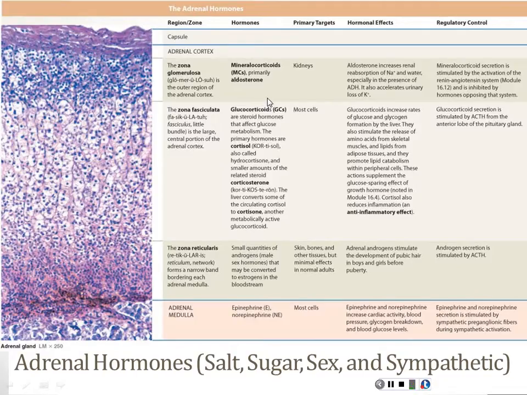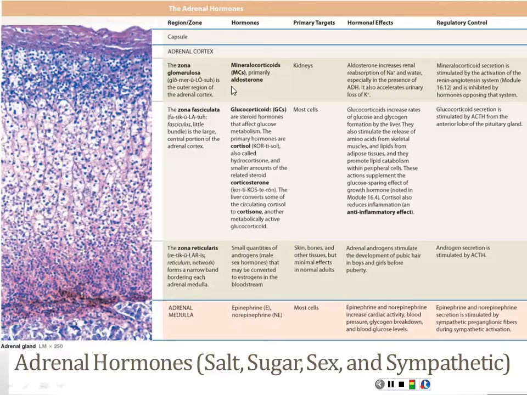But for today, aldosterone does two things. It causes sodium retention and potassium secretion. Okay? So it regulates sodium and potassium by controlling those two things. We'll talk about the details when we get to the urinary system chapter.